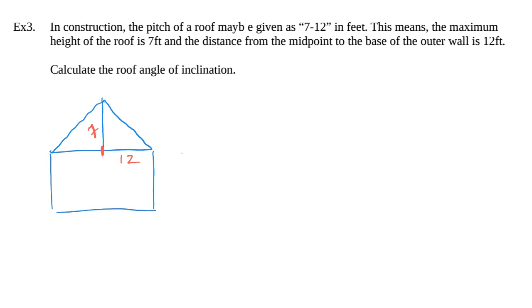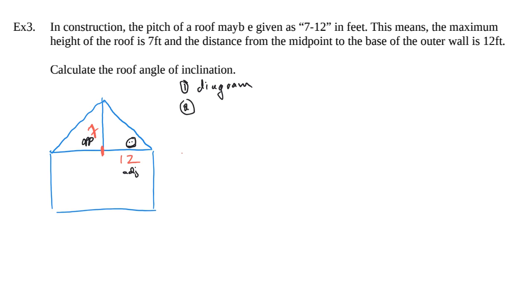The angle of the roof is always dealing with this corner here. That corner tells us that this is our adjacent and this is our opposite to the angle.